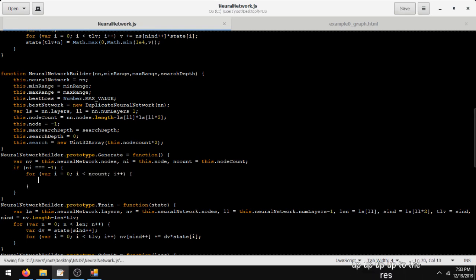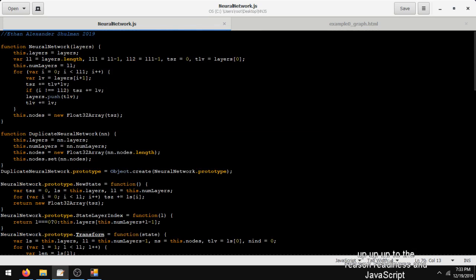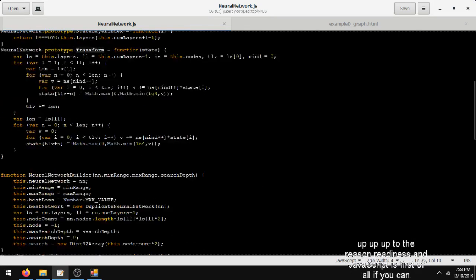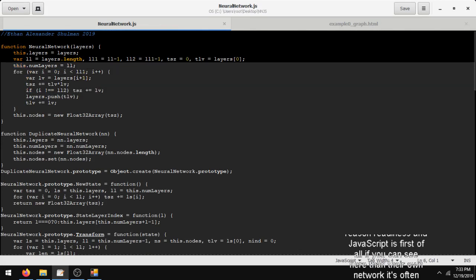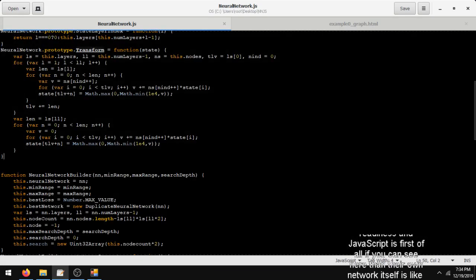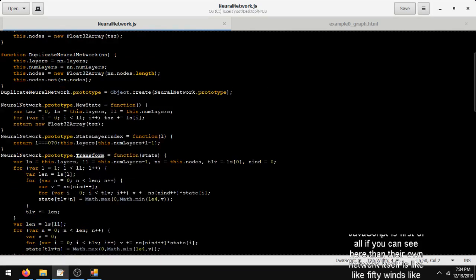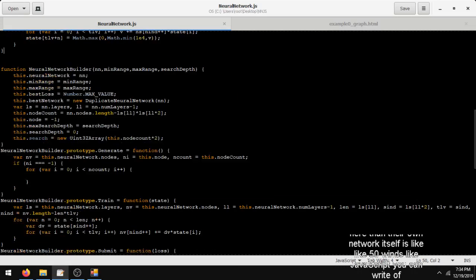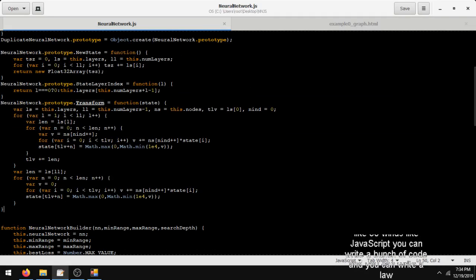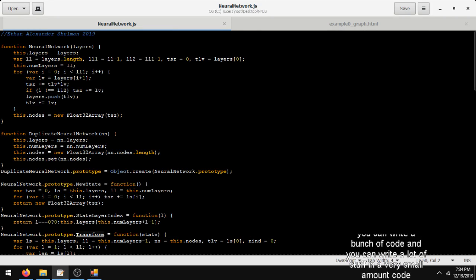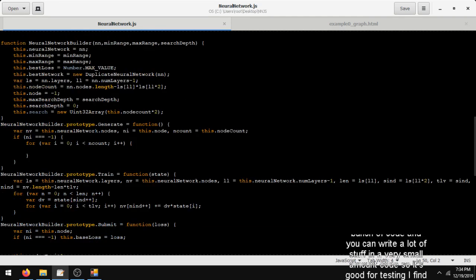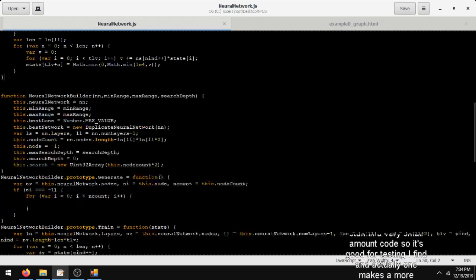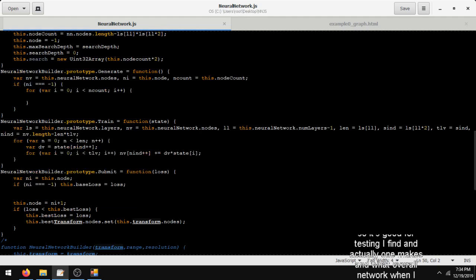So the reason I'm writing this in JavaScript is, first of all, if you can see here, the neural network itself is like 50 lines. With JavaScript, you can write a lot of stuff in a very small amount of code. So it's good for testing, I find. And I actually want to make some little neural network web apps where you can hopefully throw in some images and transform them.